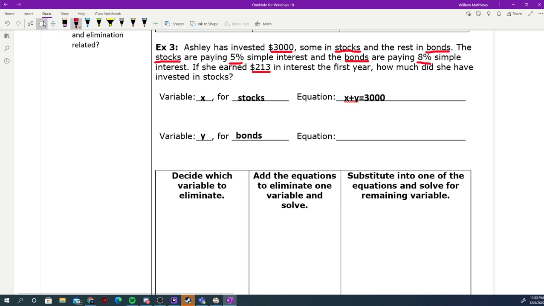So what this means is that she was earning 5% of however much she put in her stocks plus 8% of how much she put in her bonds, which in 1 year earned her $213.